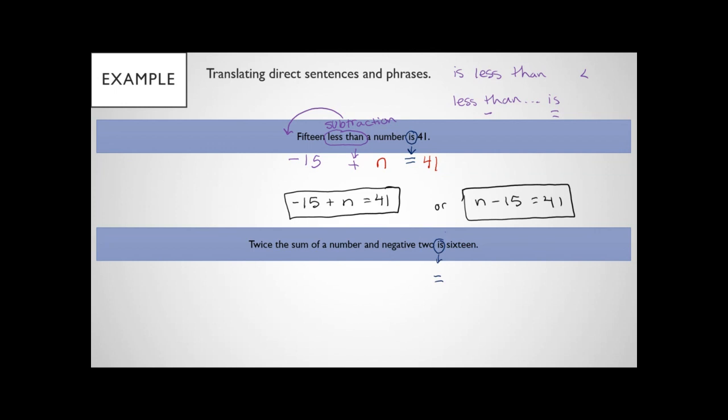Twice means you're multiplying by 2, so twice means 2 times, and then I'm multiplying everything that follows by 2. If there was a comma in there, that's where the parenthesis would stop. But there's no comma, so I just keep going until I hit the equal sign. So everything that follows is going to be in parentheses here.